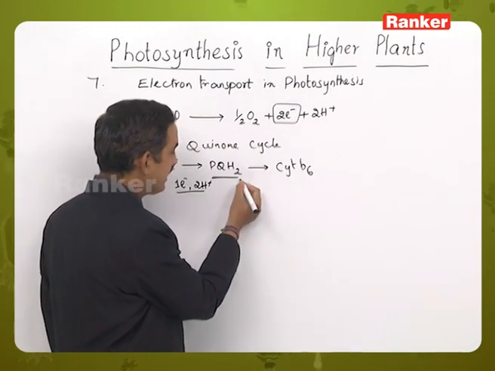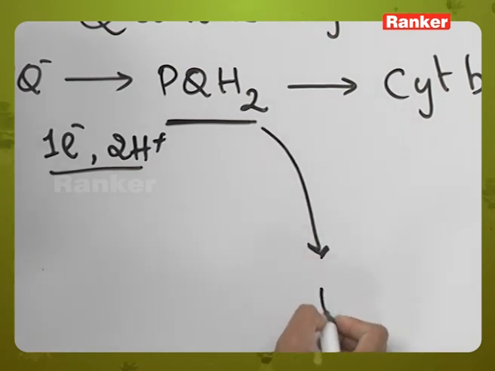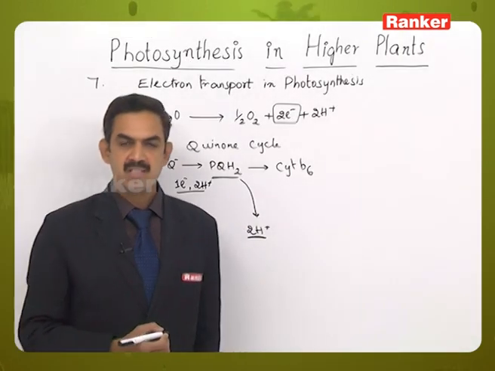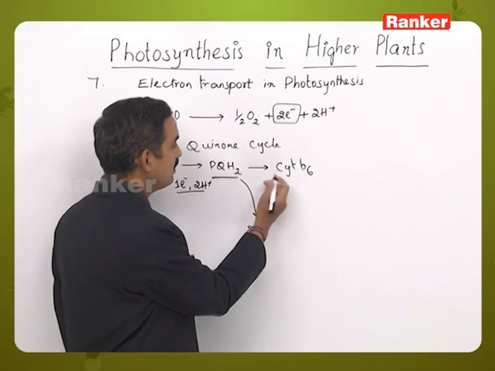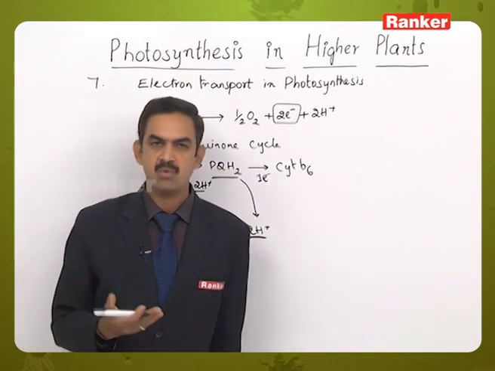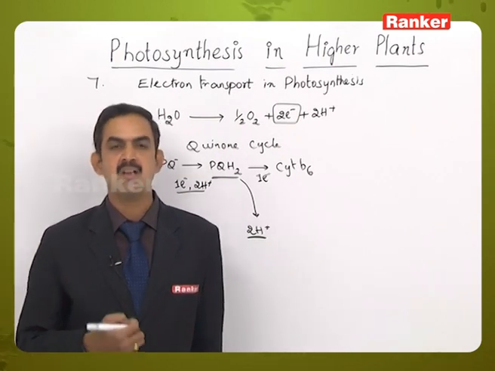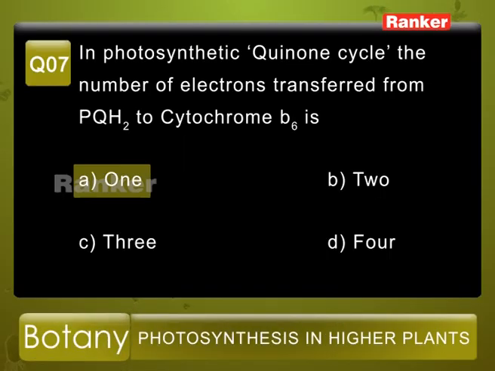In the meantime, the protons will be released into the other side of this membrane. So that means only 1 electron is transmitted from PQH2 to cytochrome B6. That is the way how in the electron transport system, every time we consider 1 electron will be transmitted from 1 electron carrier to the other electron carrier. So from the given options, option A is the correct answer.